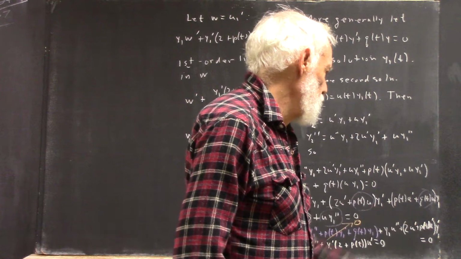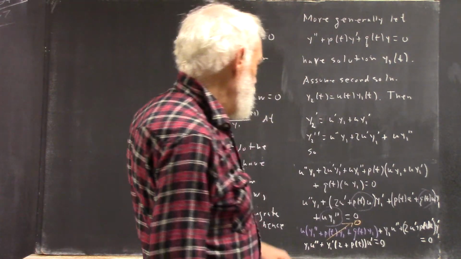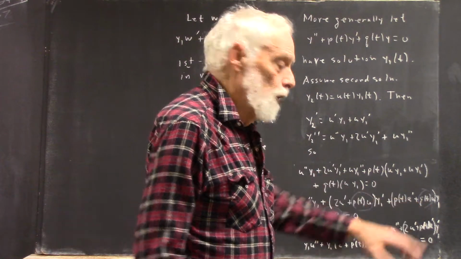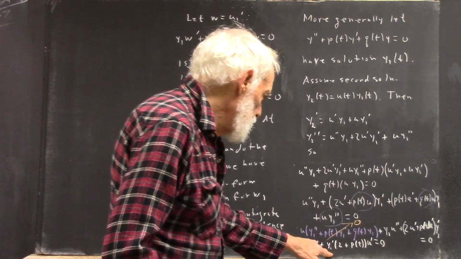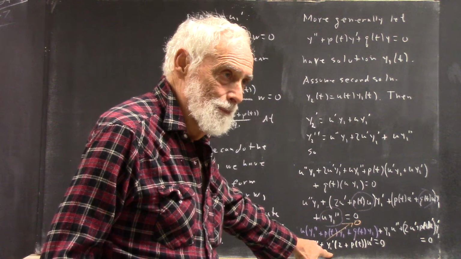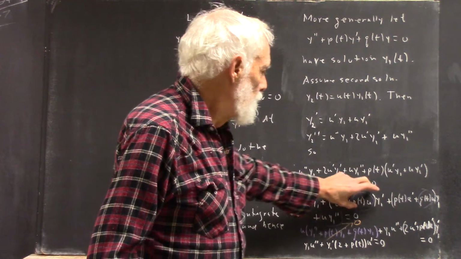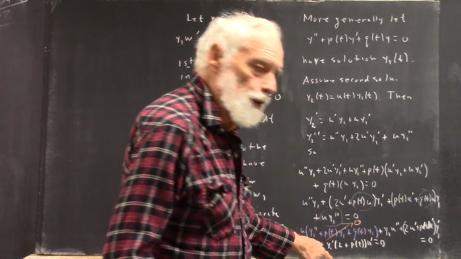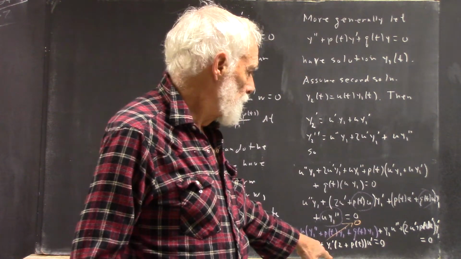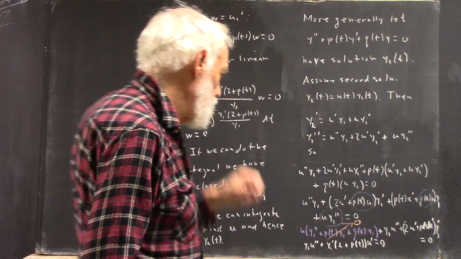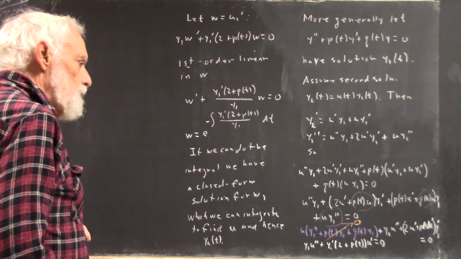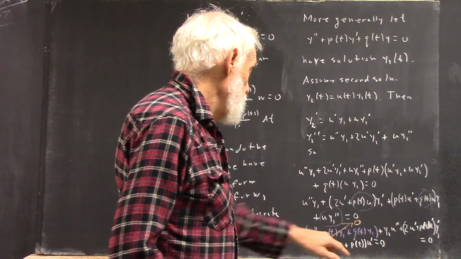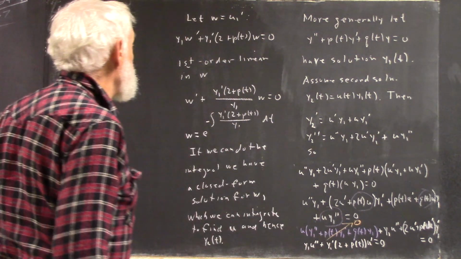Now, even if you don't see it there, once you realize that these terms go away, this is what you're left with, and it can be written like this. So if you just remove these three terms because of this, and look at what you have here, you see that you're going to get this. So it's really kind of unnecessary to write all this down. But there it is.